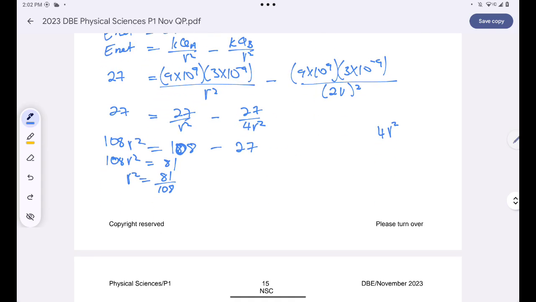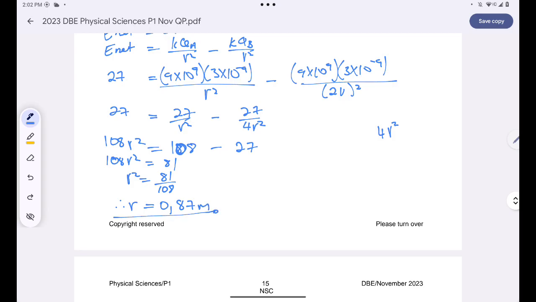So I'll just take the square root on both sides. r will be equal to, let me punch my precious calculator, the square root of 81 divided by 108, root 3 over 2. I'll simply get 0.87 meters.